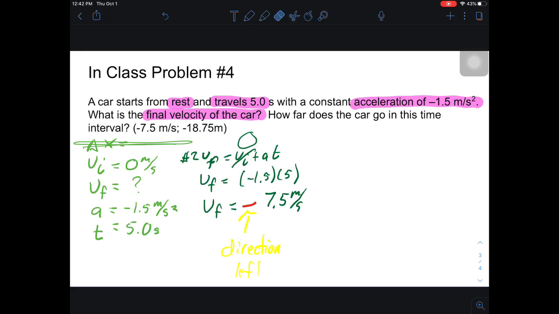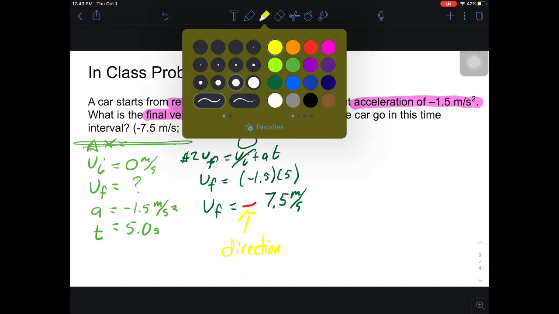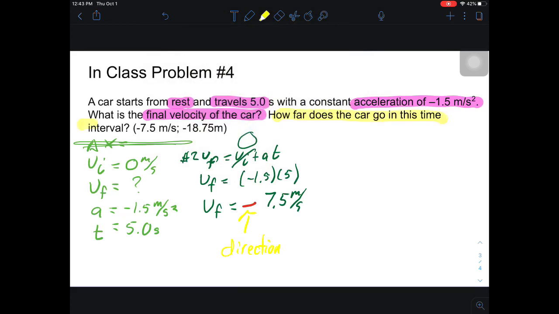Okay? The last part of this problem is to determine how far it goes. So now we are solving for displacement.